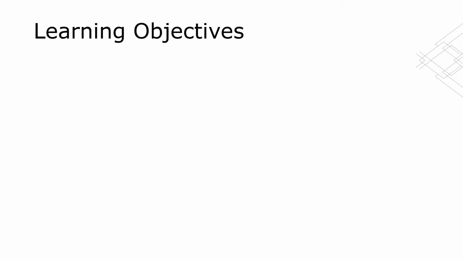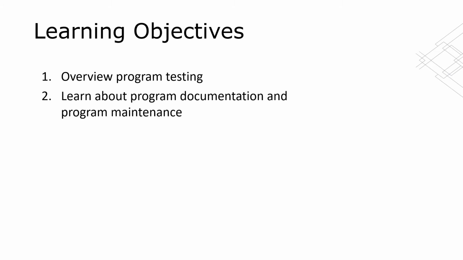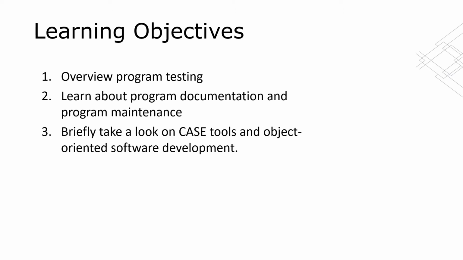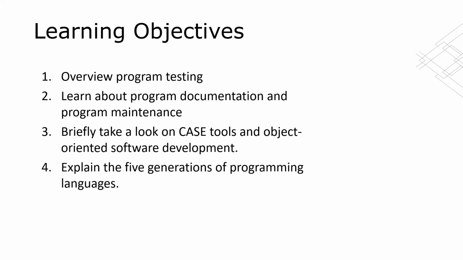The learning objective of this presentation is to overview program testing, to learn about program documentation and program maintenance, to briefly take a look on CASE tools and object-oriented software development, and to explain the 5th generation of programming languages.